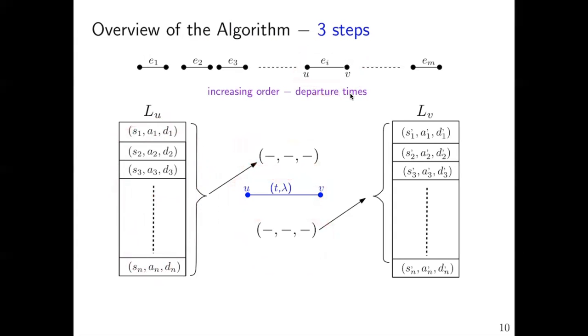So we extract a partial journey, create a new journey, and insert this new journey into Lv. This is the major overview of our algorithm. Now we are going to discuss all these three steps in detail.